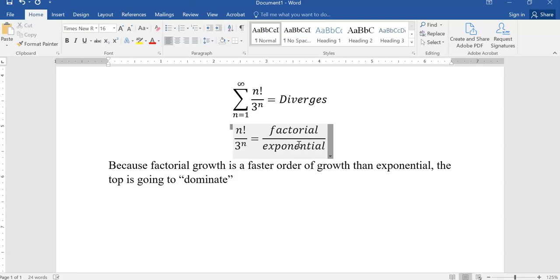It's going to be the faster growth. And because the top is a faster growth, we have a fraction which is never going to 0. So therefore, this diverges.